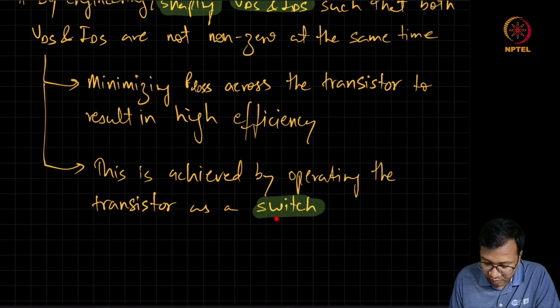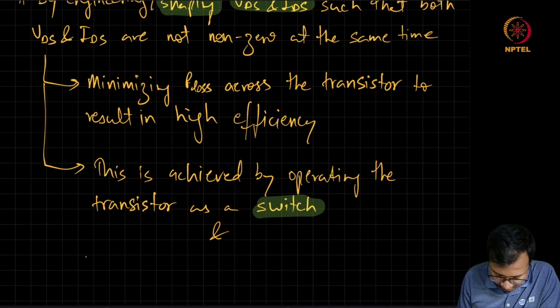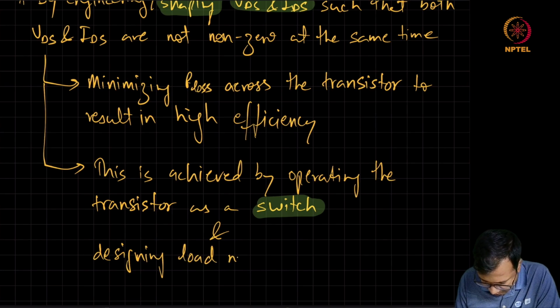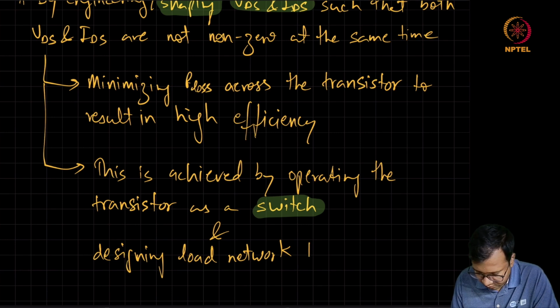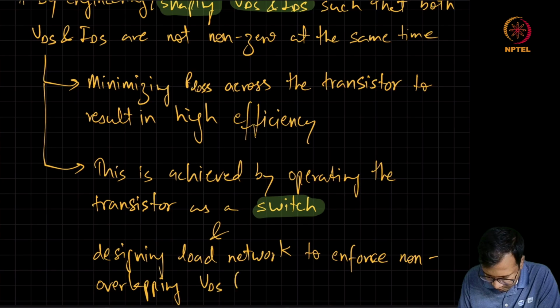So we operate the MOSFET as a switch, and at the same time design the load network to force non-overlapping VDS and IDS.